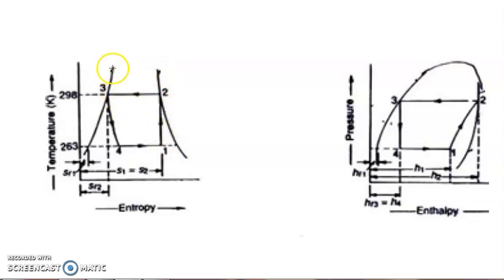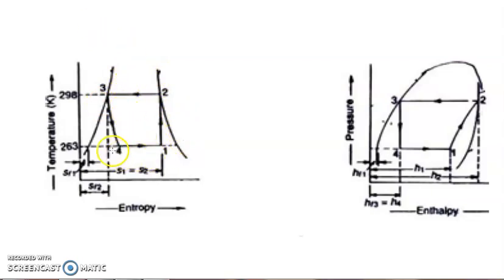All of you know that this is the saturated liquid line and this is the saturated vapor line, and under these, the dome is the HFG line. You can write this is the saturated liquid line HF, and this is the saturated vapor line.